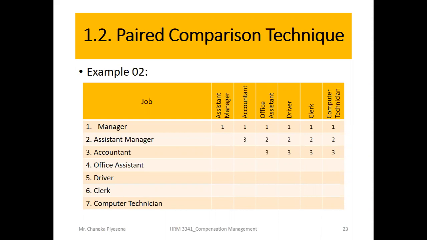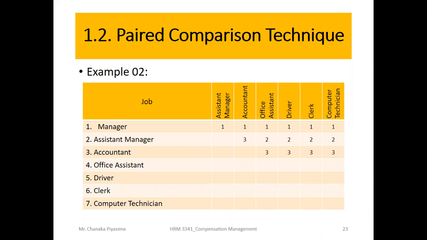Then the next row, the job of accountant compared with office assistant. The accountant is more important than the office assistant. That's why we put the number 3, which indicates the job of accountant.